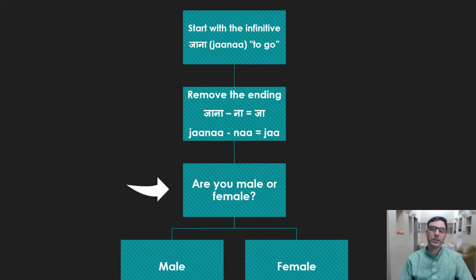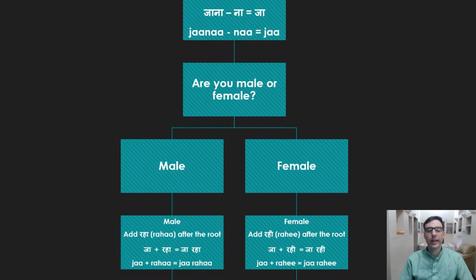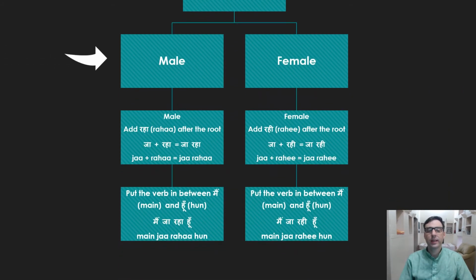And since we are the subject, when we're using the pronoun main, we have to determine whether we are male or female. So again, let's try this as a male first. And as a male, what we have to do is simply add raha after the root. So ja plus raha gives us ja raha.